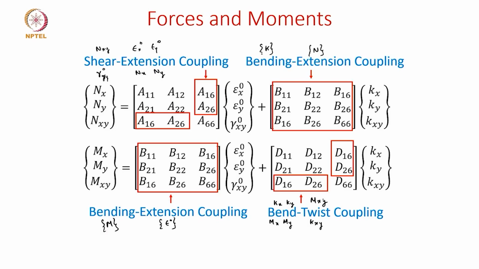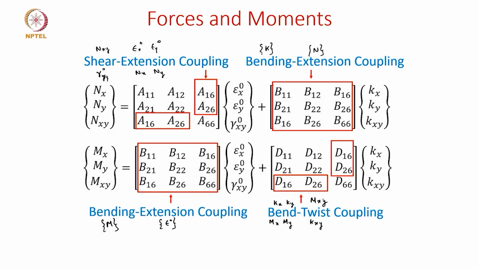If you look closely, you will see that these ABD matrices bring in a lot of physics because they can show you which terms bring in different couplings. So here we have seen the shear extension coupling with the A16 and A26 terms, bending extension coupling using the B matrix, and the bend twist using the terms D16 and D26.